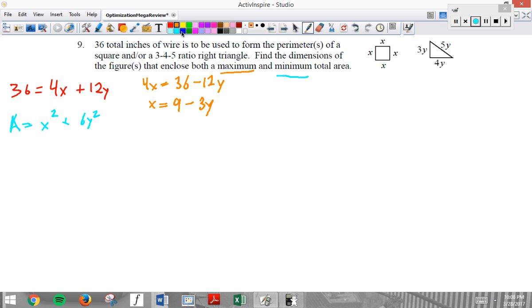Alright, so 9 minus 3y all squared, plus 6y squared. The domain here. What is the domain? Well, y certainly has to be bigger than 0.